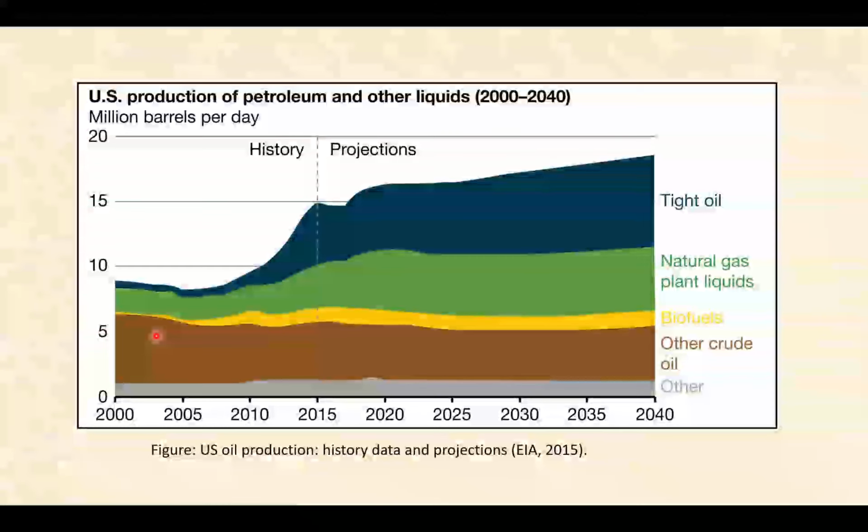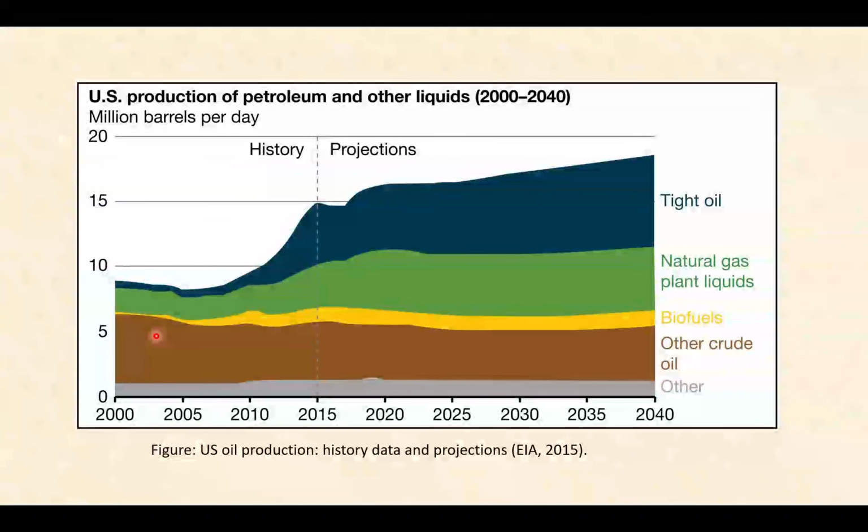Now, if you see this picture, it is taken from some previous data, EIA 2015. They have predicted that with time there will be significant recovery from the tight oil reservoir.